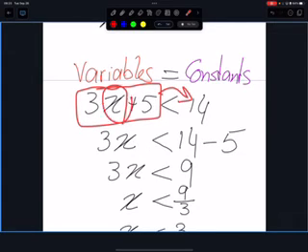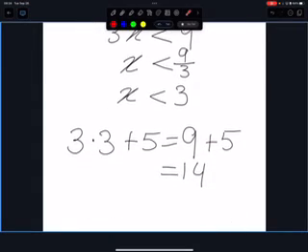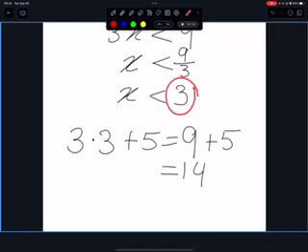So I need to place an x here. So when I multiply 3 with that x and add 5, it's less than 14. So what x do I have to place there? An x that is less than 3. There is not much other way of explaining it.